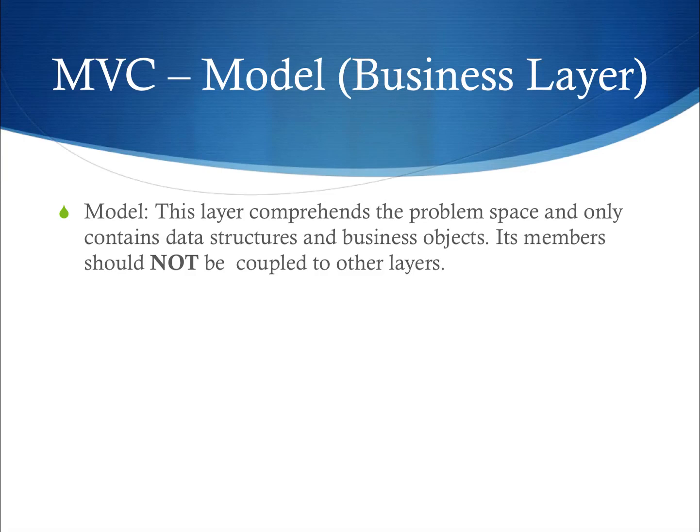Since we have this business logic, it doesn't really change during software development or software updates, because what changes really often, in general, is the user interface and how it communicates with the business layer.